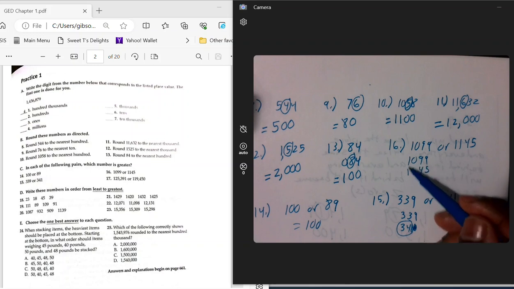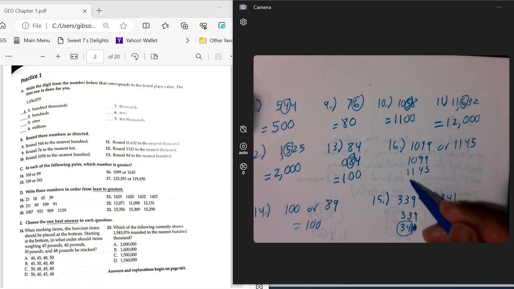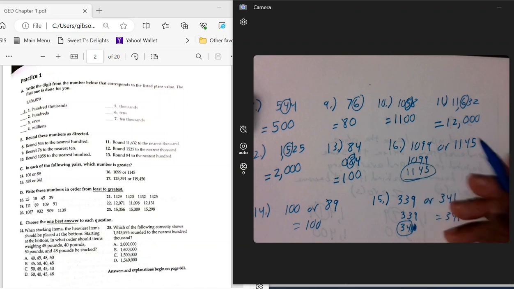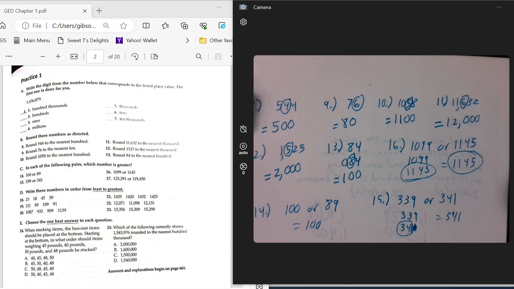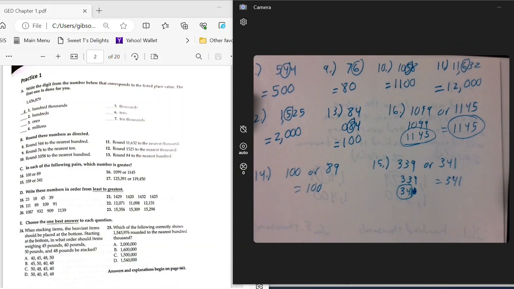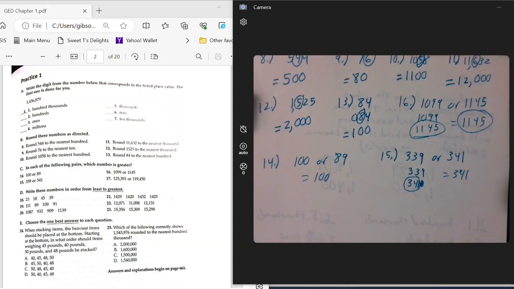If you notice, our thousands place is the same with 1. But then when we come to our hundreds place, this bottom number has a 1 and the top number has a 0. 1 is larger than 0, so this is your greater value. It's 1,145. Okay, now we move on to problem 17.